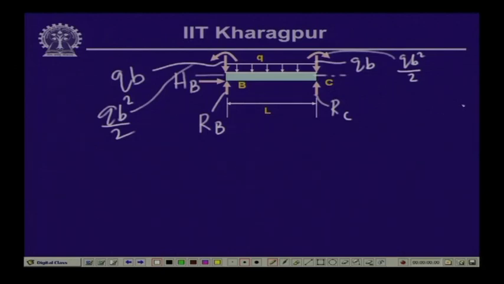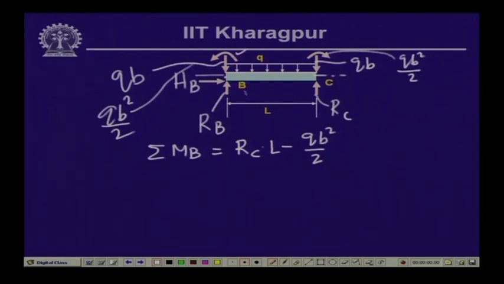Now, let us first find out the reactive values at b and c. If we take the moment of all the forces with respect to b, the moment about b is equal to the reactive force R c multiplied by the length L, which is in the anticlockwise direction. Then we have this moment at c, which is in a clockwise direction, minus q b square by 2.